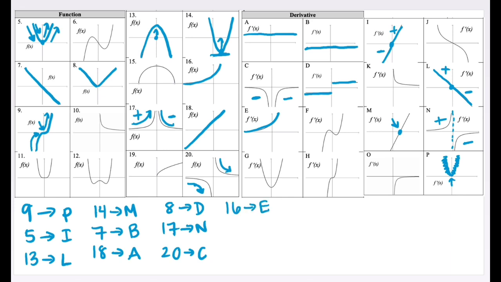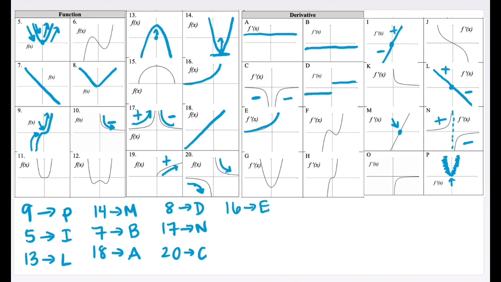All right, so now we're left with just a few other functions. I want to look at 10 and 19 because 10 and 19 both only exist after 0. So their domains are only 0 and on. Number 19 looks like it has a positive slope, and number 10 looks like it has a negative slope, or it's decreasing. This one's decreasing, this one's increasing.